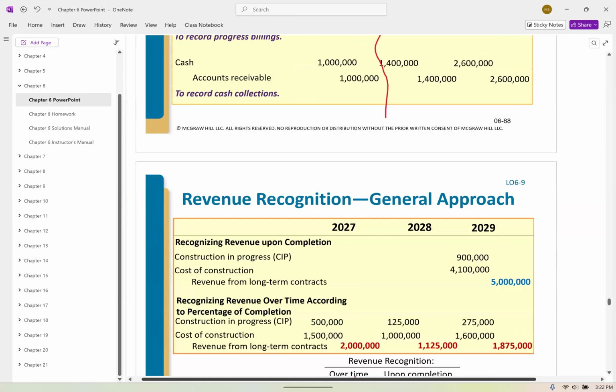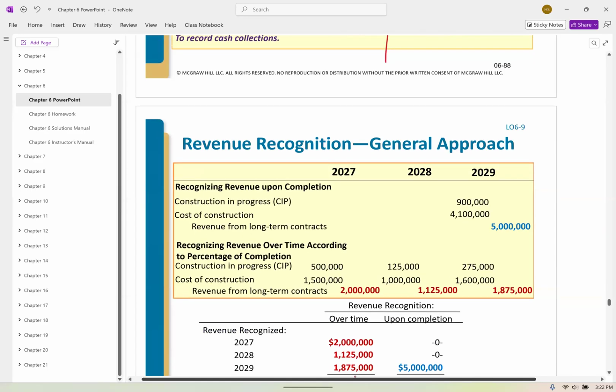So recognizing revenue upon completion means not recognizing any revenue until the very end, which is not very feasible at all. You've had people working on that building for those 3 years, and it does not give us really good information. So you can see where this can be an issue when it comes to revenue recognition.